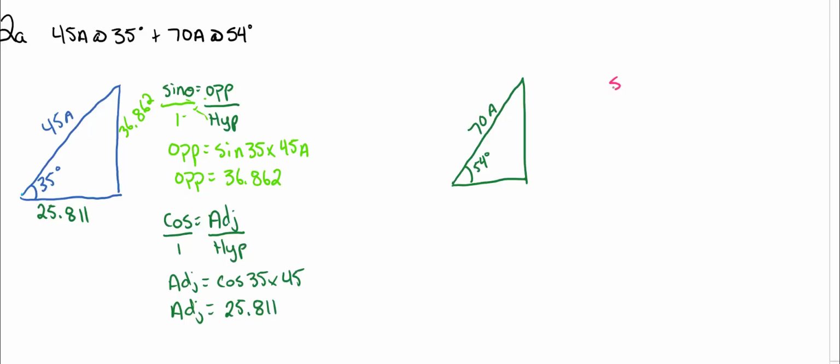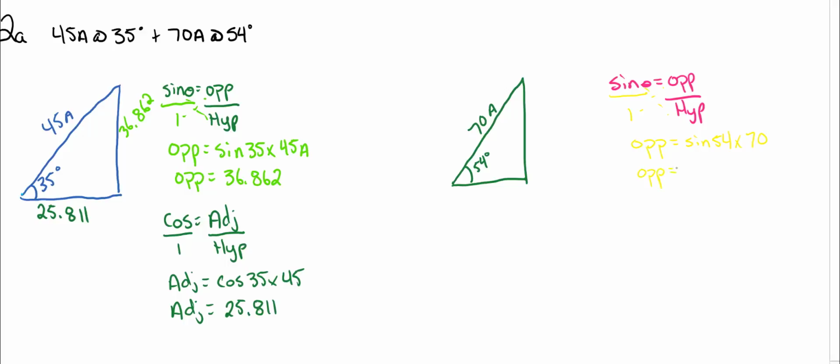Start with sine. Isolate the opposite. Opposite would be equal to sine 54 multiplied by 70.